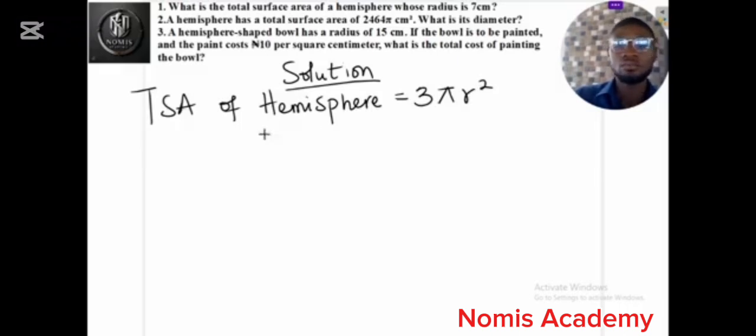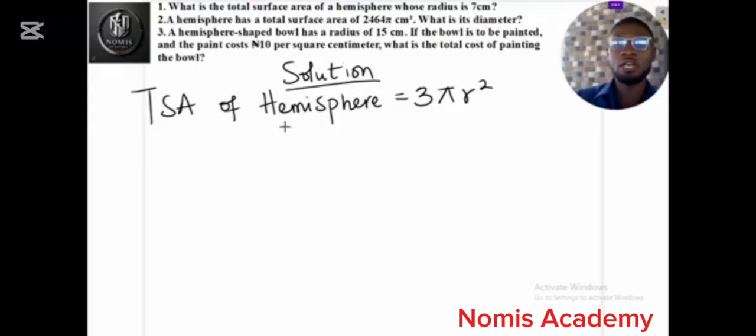Given that the pi is 22 over 7, the radius we don't know, we're looking for it, we need to get the radius. However, the question is asking for diameter. So let's get into the business of putting in the value of the parameters that we have.